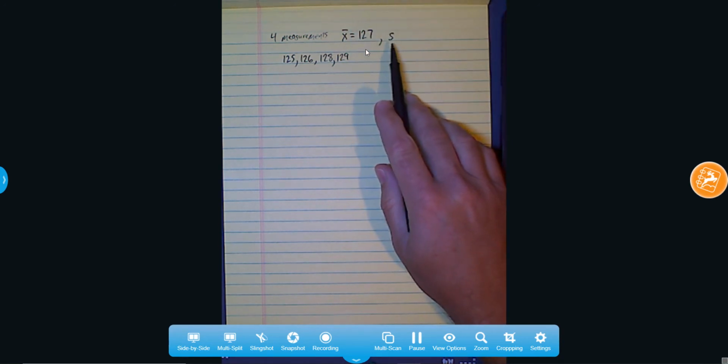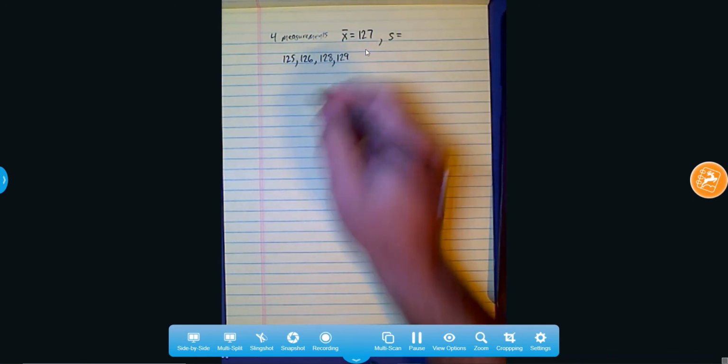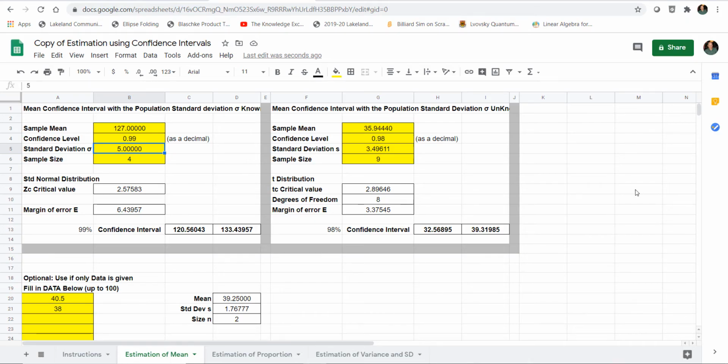What is more difficult to compute quickly is the standard deviation. There's a formula for that. There's also calculators for that. Let's compute the standard deviation, right? It's the square root of the variance, but rather than do it the long way, let's use the software. And this Google Sheet that I just mentioned can handle data very quickly. So down here below, you can put up to 100 data points. And so I'm going to put in 125, 126, 128, and 129.